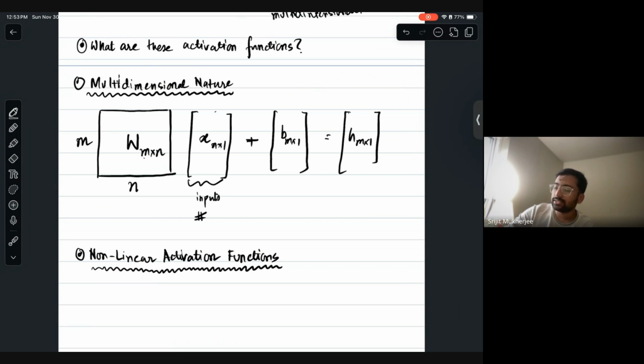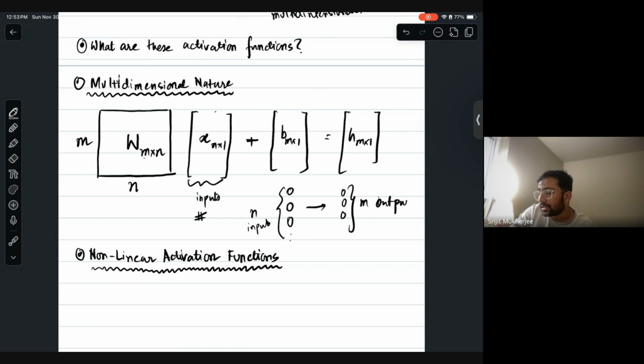So there are n inputs, and after this there are m outputs. We are actually compressing this information into this format: Wx plus b is equal to h.